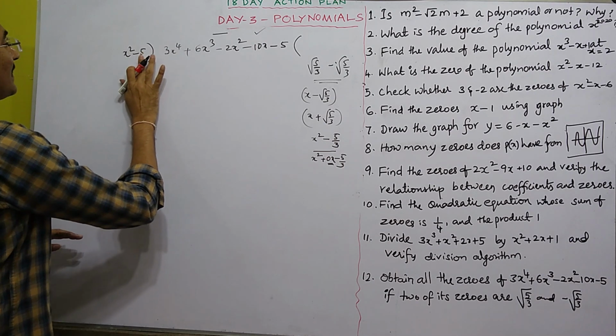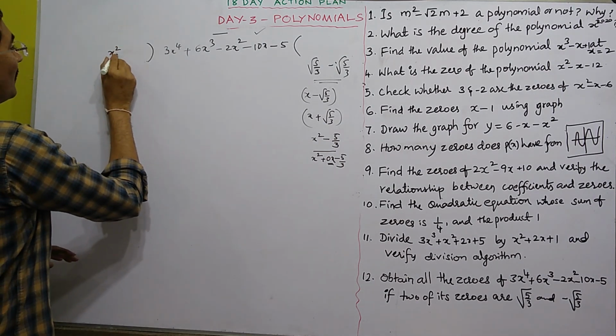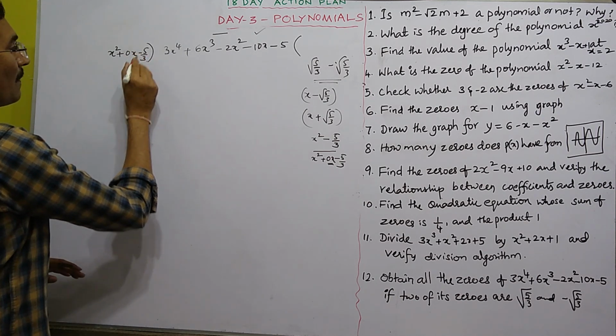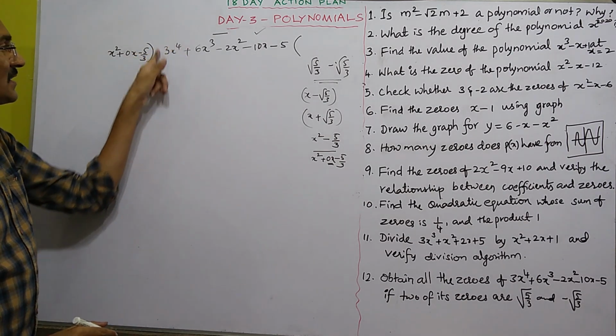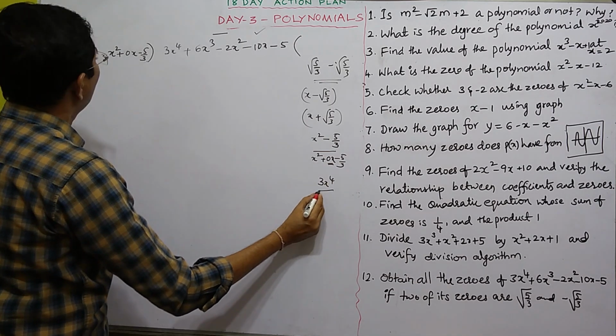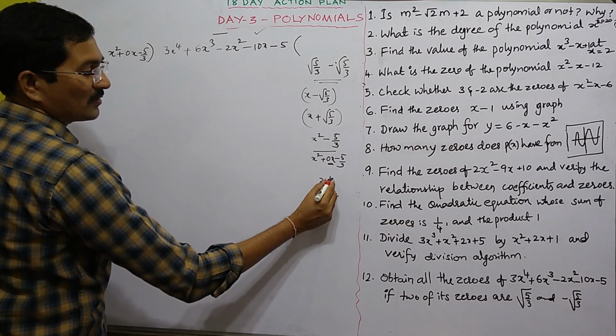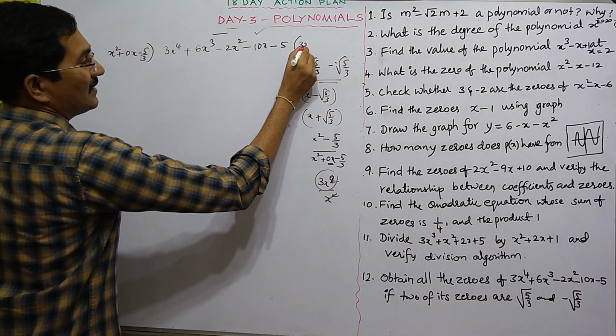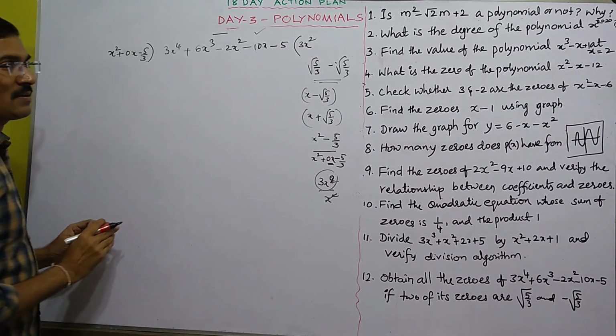Now how to find the first term? As discussed, 3x to the power of 4 by x square, so here 3x square is the first term of the quotient.